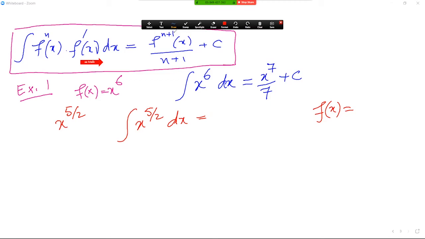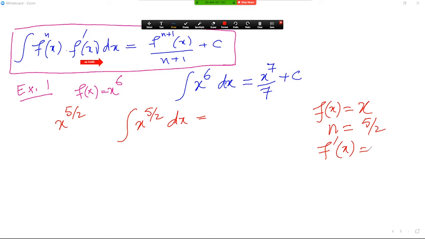f(x) would be x. The power is in fact n, where I am pointing out. So f(x) is x, do you understand this? And what is n in this question? 5/2. Very nice. What is f bar x?